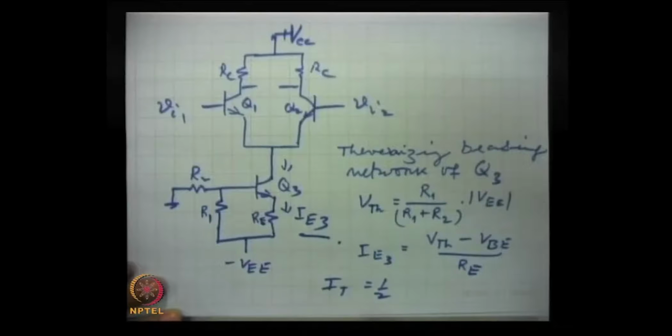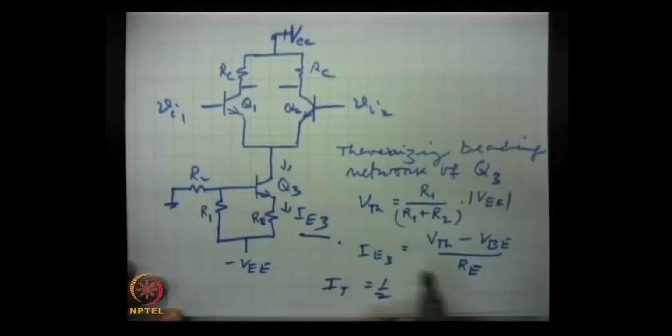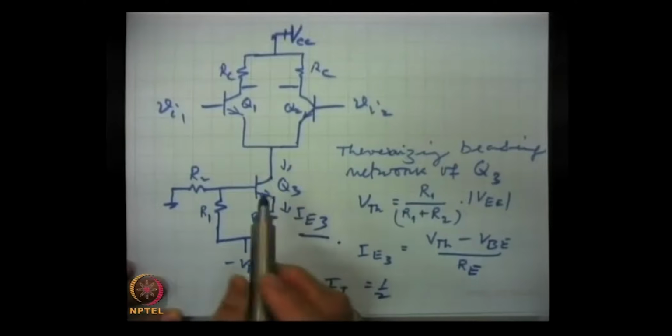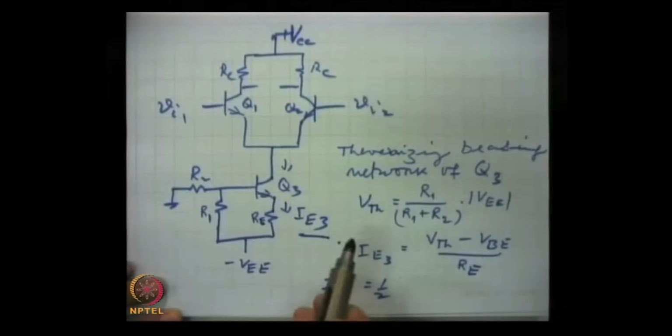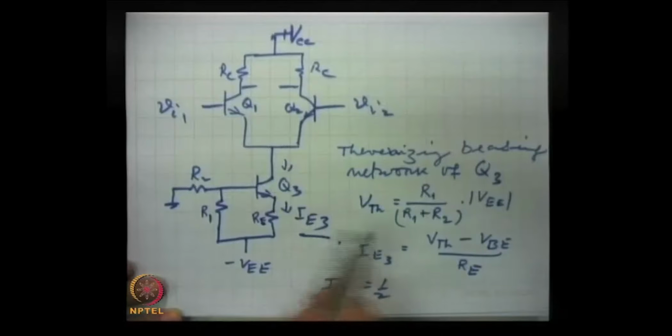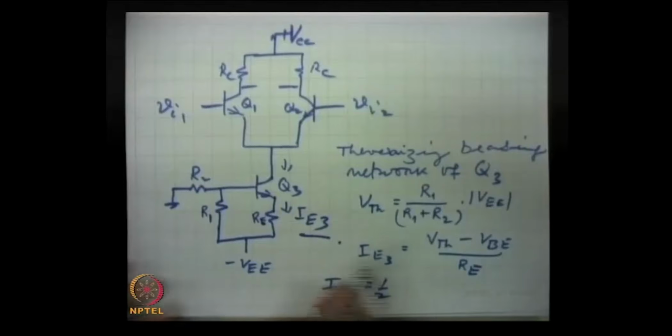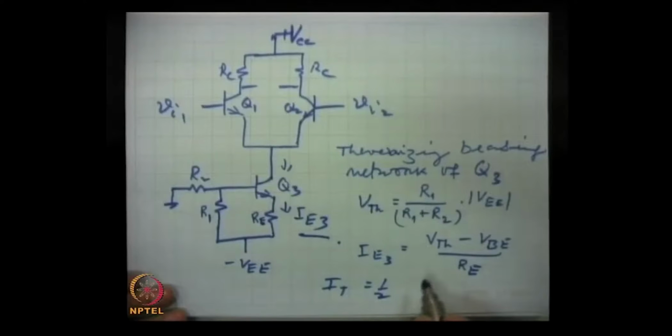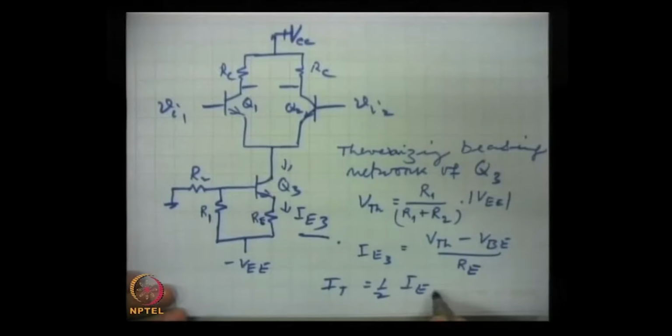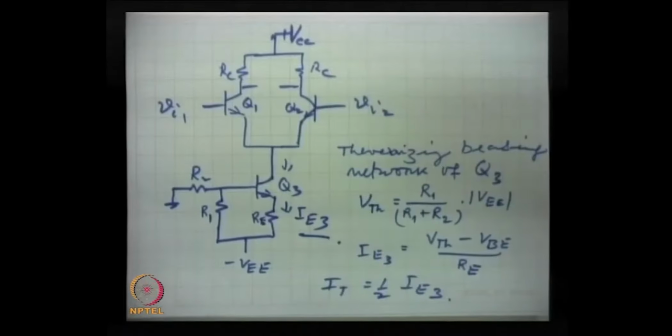IC3 is equal to IE3 because in a bipolar transistor the ammeter current and collector current are very close to each other. So, this is half of IE3. Now, in this arrangement, which is very widely used, we have taken care of one factor, and that is of the current source.